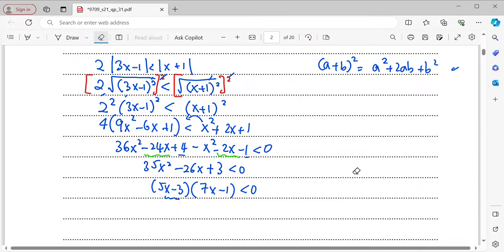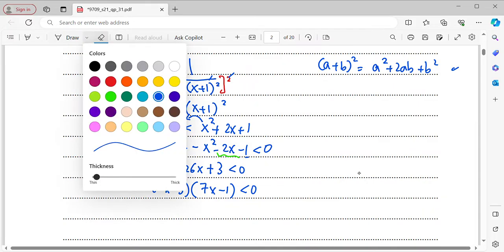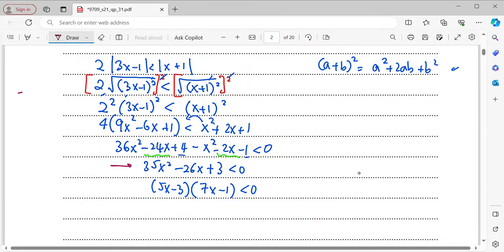Now, I will sketch the graph. When you look at the quadratic curve, this quadratic curve will be having a minimum point. So I just simply sketch a quadratic curve with 2 different intersection points with the x-axis. The one on the left hand side is 1 over 7, which we get from 7x minus 1, and the other one is 3 over 5.